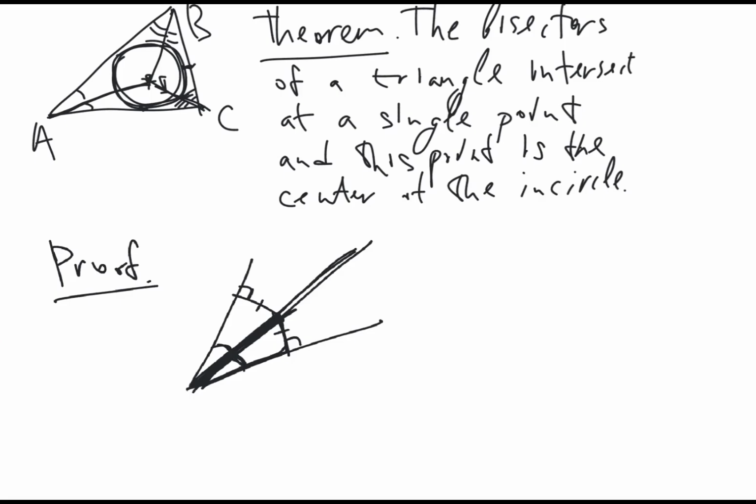Basically all three angles, because this angle is a right angle, of course they are equal to each other. Then this is equal because it's the bisector, and the third angle is calculated as 180 degrees minus the two other angles, so it's also equal. So all three angles are equal and they have a common side, so these two triangles are equal, therefore the distances are the same.